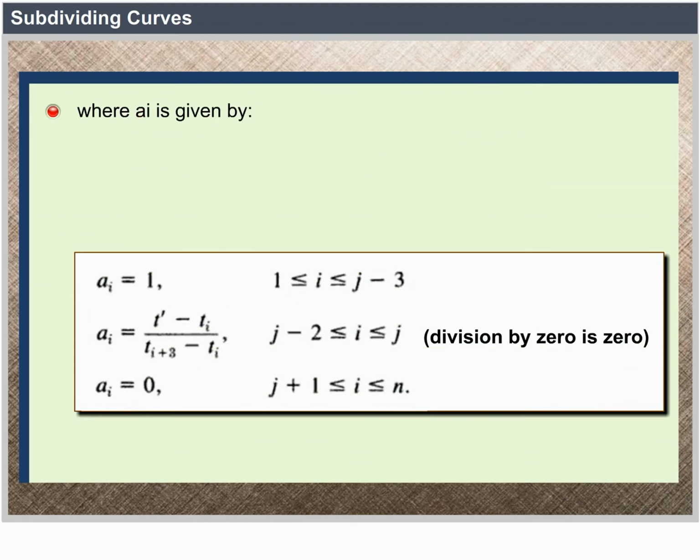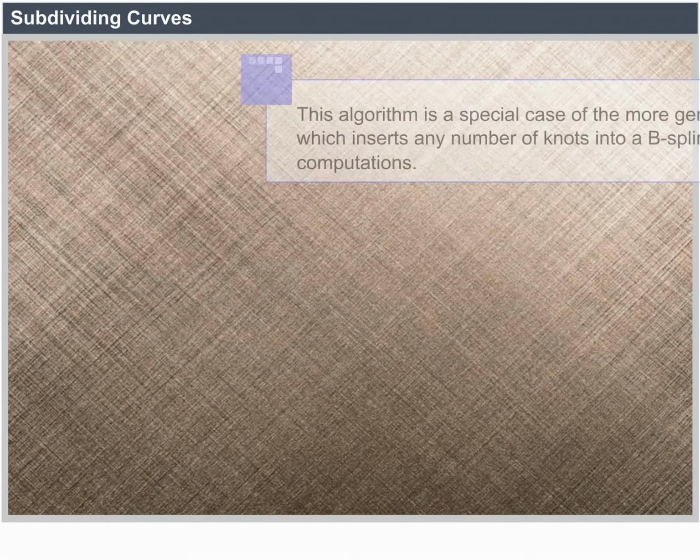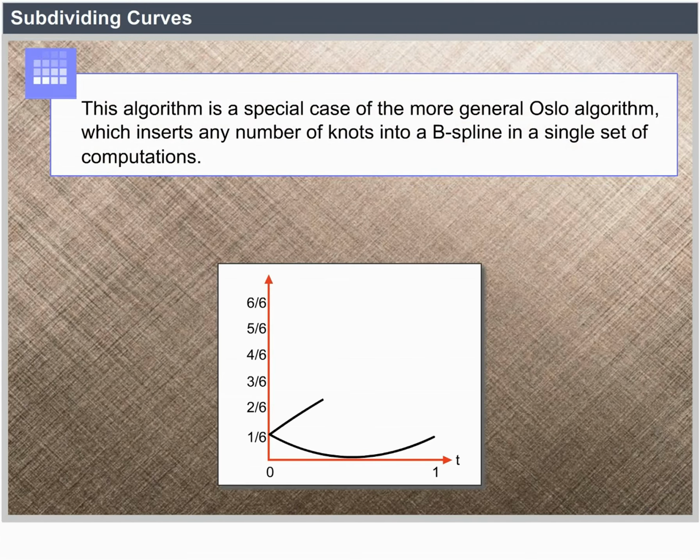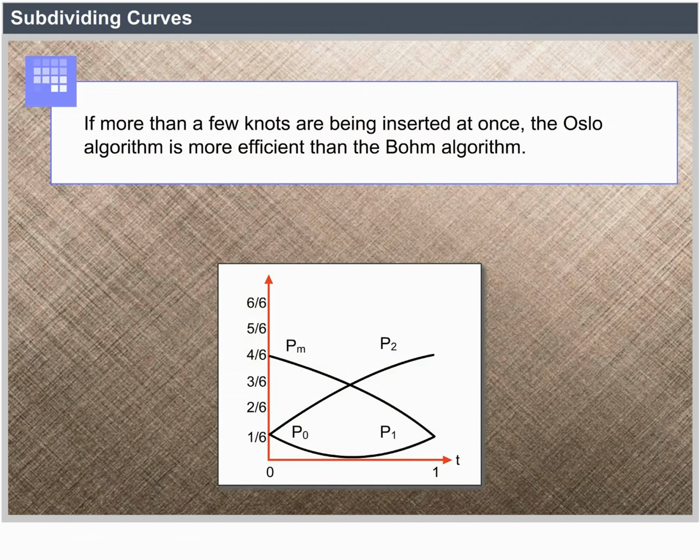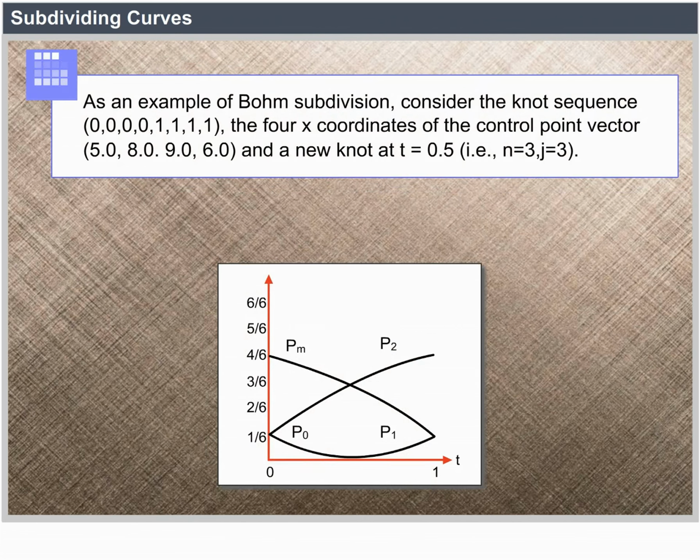This algorithm is a special case of the more general Oslo algorithm, which inserts any number of knots into a B-spline in a single set of computations. If more than a few knots are being inserted at once, the Oslo algorithm is more efficient than the Bohm algorithm. As an example of Bohm subdivision, consider the knot sequence 0 0 0 0 1 1 1 1, the 4 x coordinates of the control point vector 5.0, 8.0, 9.0 and 6.0, and a new knot at t equals 0.5, that is n equals 3, j equals 3.